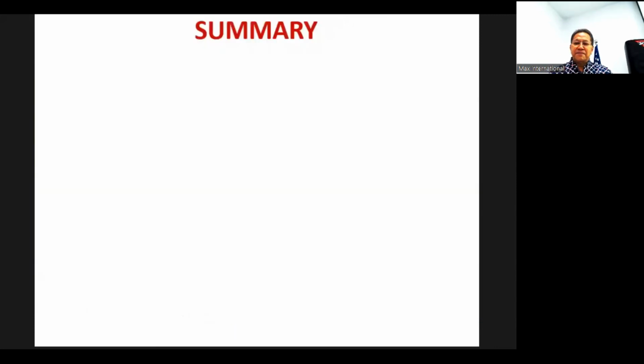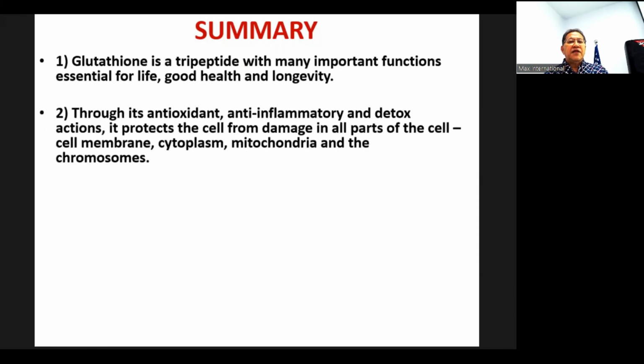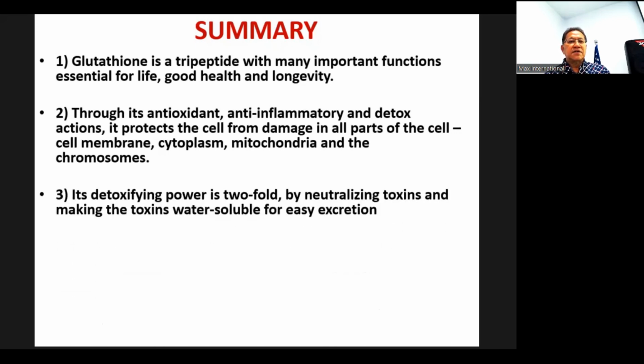In summary, glutathione is a tripeptide with many important functions essential for life, good health, and longevity. And through its antioxidant, anti-inflammatory, and detox actions, it protects the cells from damage in all parts of the cell: cell membrane, cytoplasm, mitochondria, and the chromosomes.